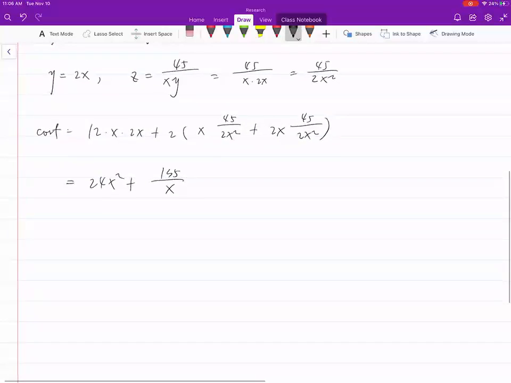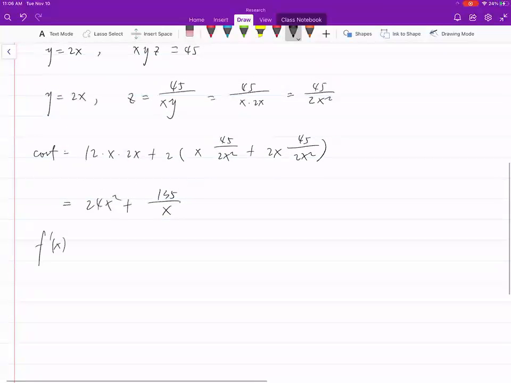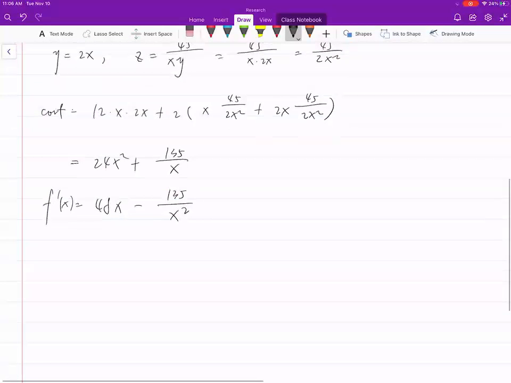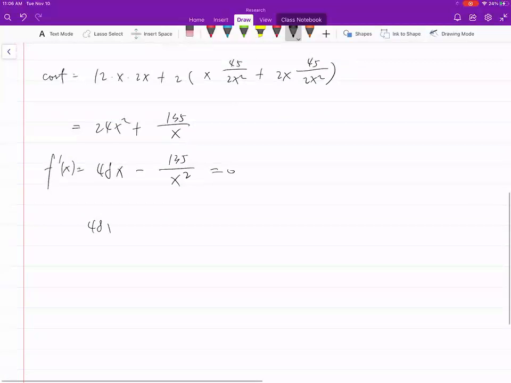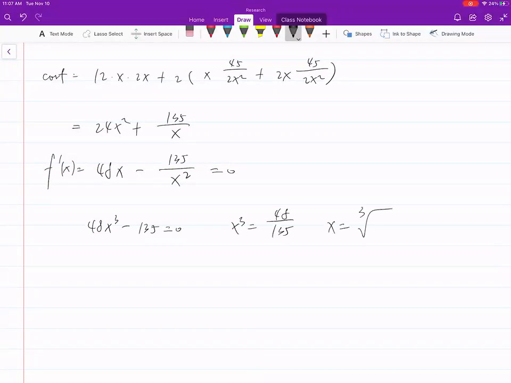Then, well, can I simplify more? Both divided by 3, that's 16. That's 45. Yeah, that's it.